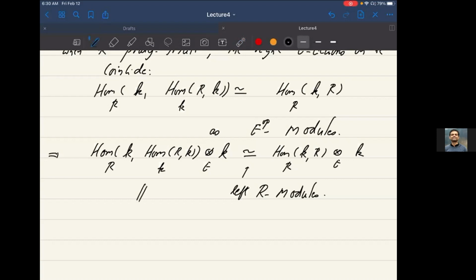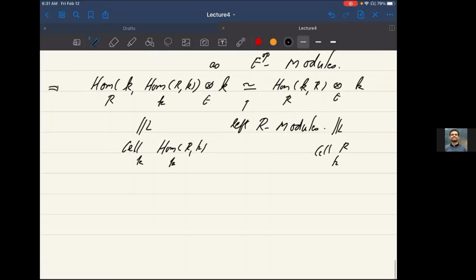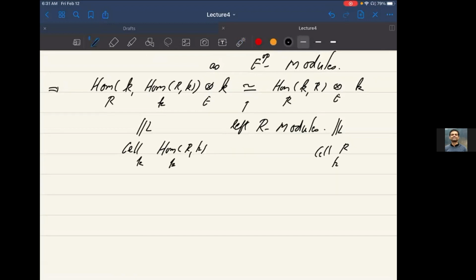But then the Dwyer-Greenlees theorem tells you that because K was proxy small, this is the same as the cellular approximation of this. And this is the same as a cellular approximation of R. So you see that these two end up being the same.